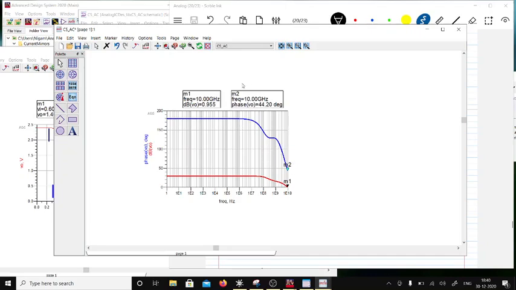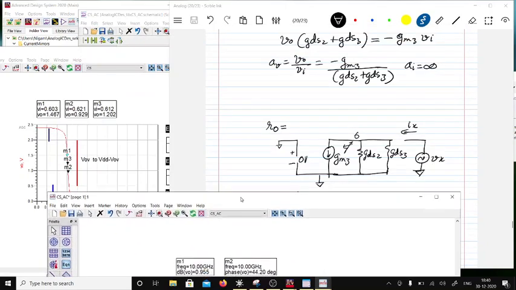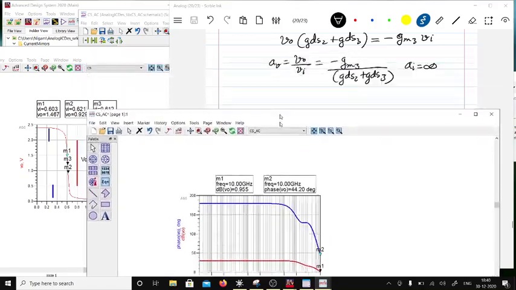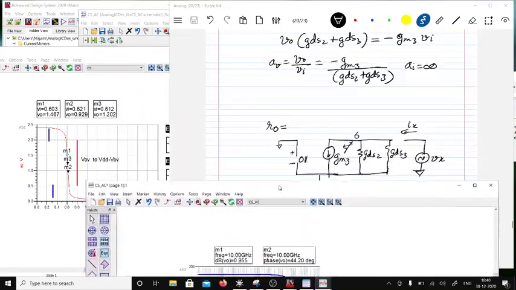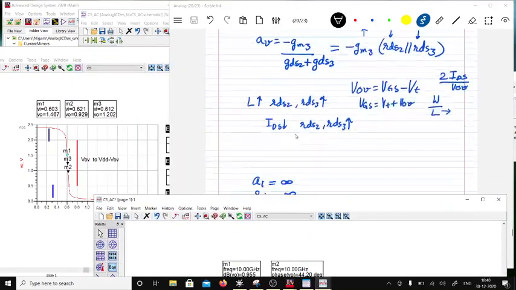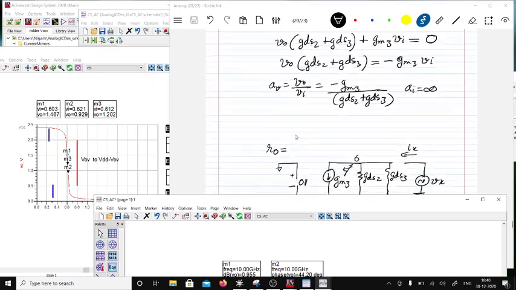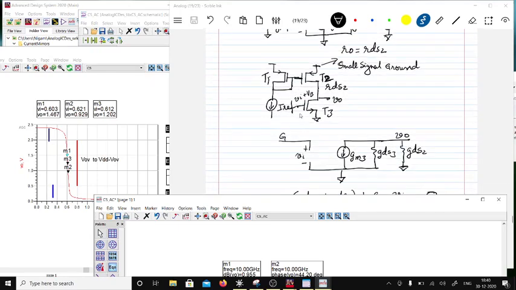Now why am I considering 180 degree roll off? Because if you see this transistor, this transistor has a 180 degree phase shift. And if you have an additional 180 degree phase shift, then whatever voltage that is will cause a feedback to the input which is 360 degrees. This is known as the Barkhausen criteria. So what is the Barkhausen criteria?